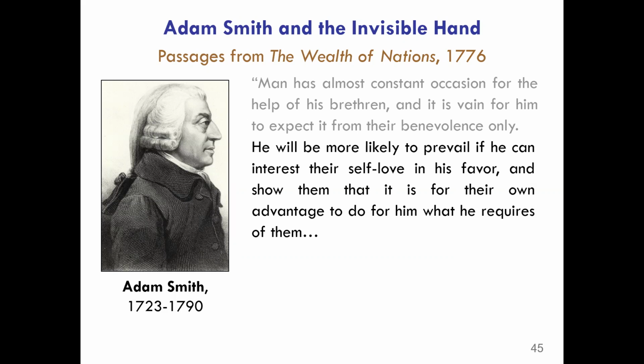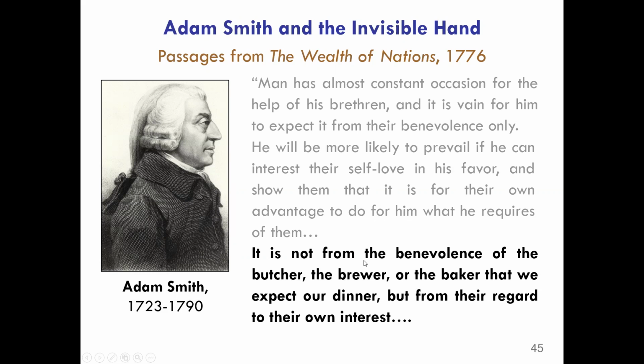He will be more likely to prevail if he can interest their self-love in his favor and show them that it is for their own advantage to do for him what he requires of them. It is not from the benevolence of the butcher, the brewer, or the baker that we expect our dinner, but from their regard to their self-interest.